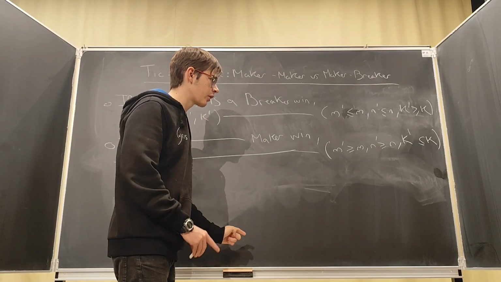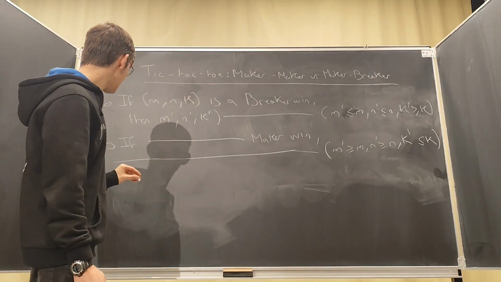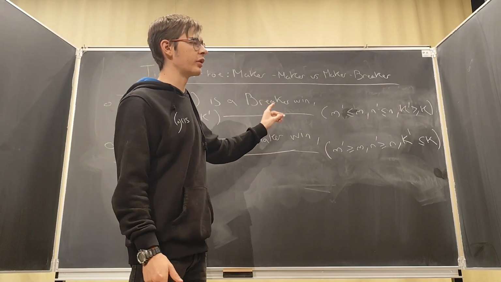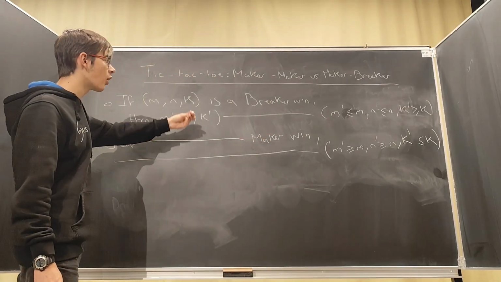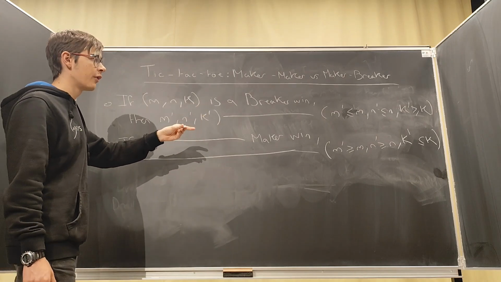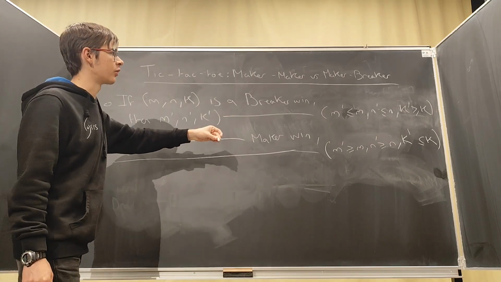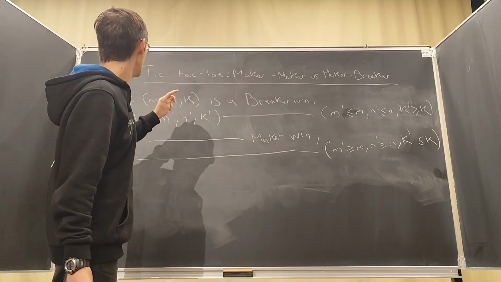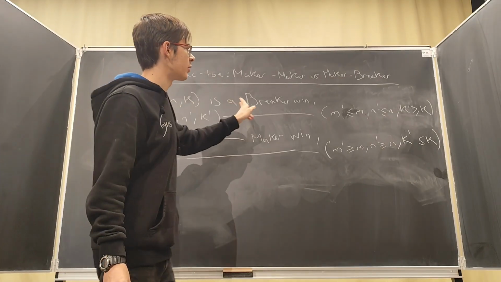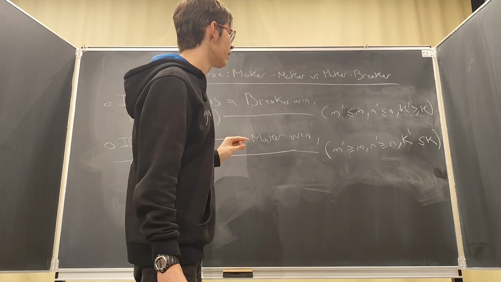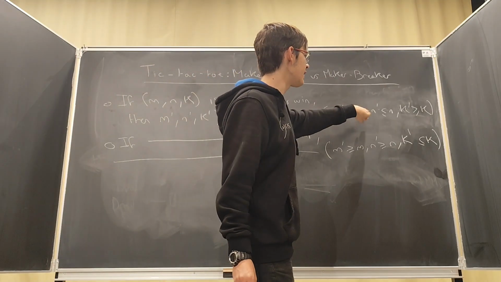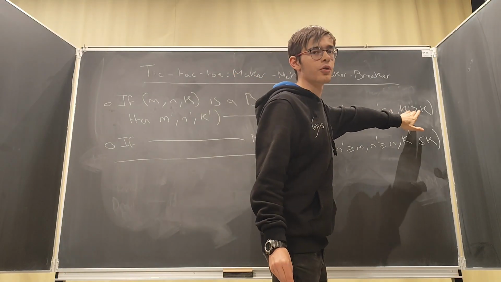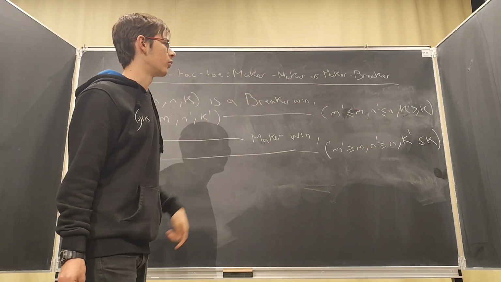Right, and there's also a second point, which is about infinite boards, because here we've been only looking at finite boards. But these results, of course, also generalize for infinite boards for the Maker-Breaker versions of the game. If the infinite version is a Breaker win, then basically this says that any finite version with a larger K prime will also be a Breaker win.